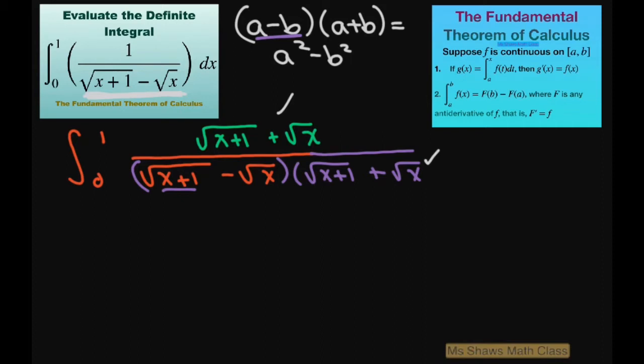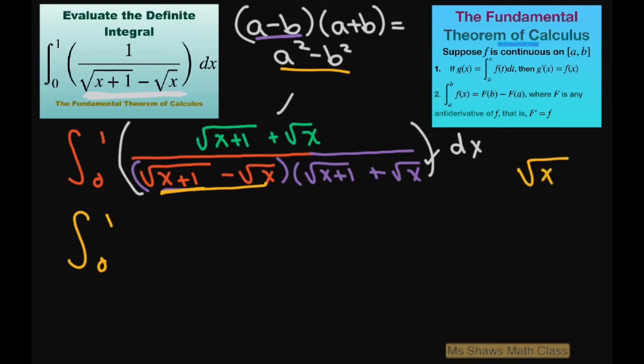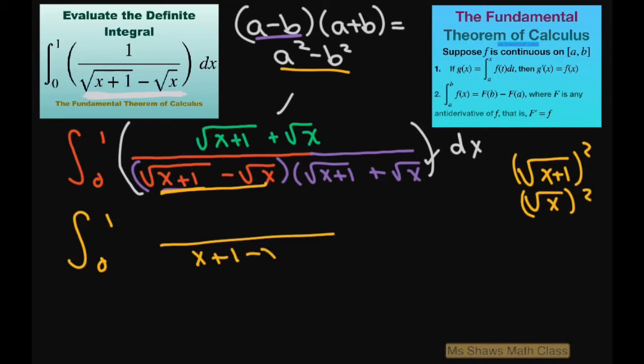Now we have our dx here. When you simplify this, we're going to use this form here. So we get the integral from 0 to 1. When you square your a, that's just going to give you x plus 1. And when you square your b, that gives you x, and it's minus, so minus x.